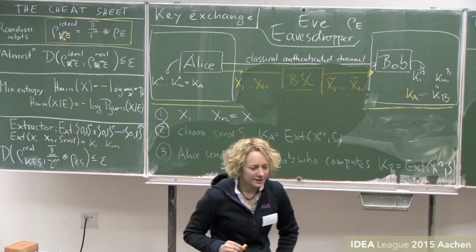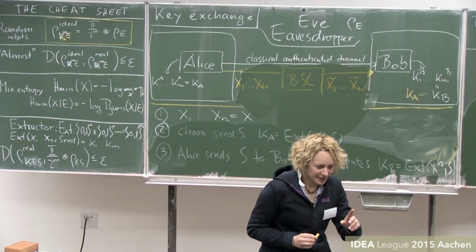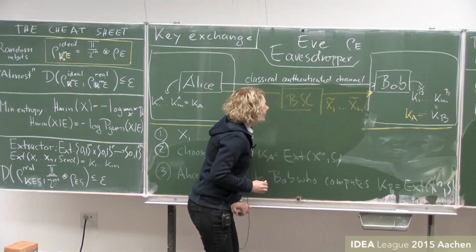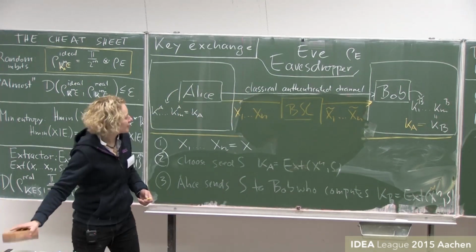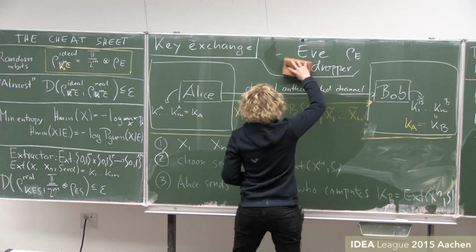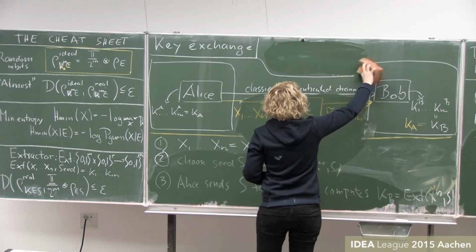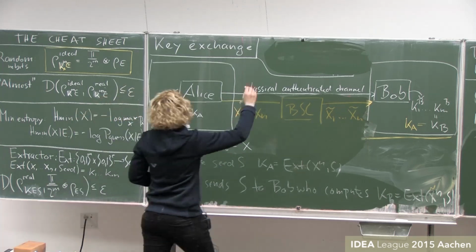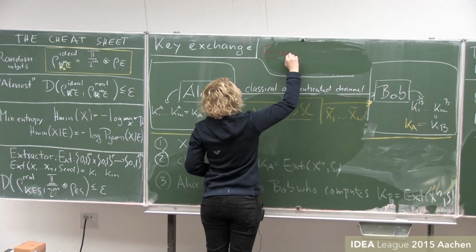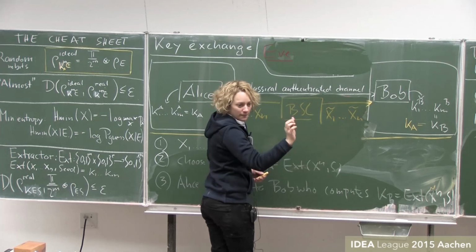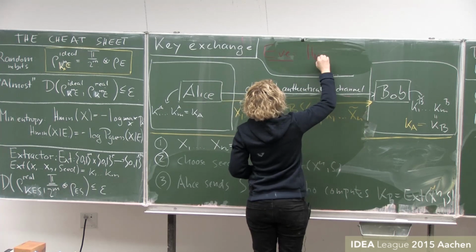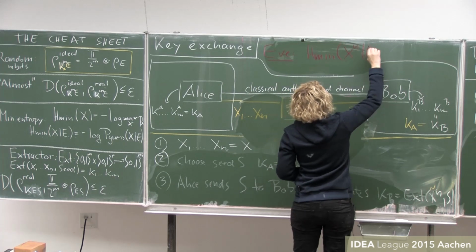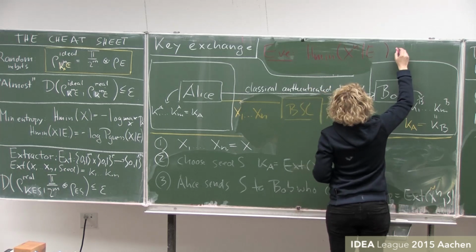What does Eve receive in this scenario? I want to work with a scenario now where, for some reason, and I hope I've given you some reasons to imagine scenarios where we might assume that, the only thing that we know about Eve is that somehow we can guarantee that her min entropy about the string x, given what she has, is large.